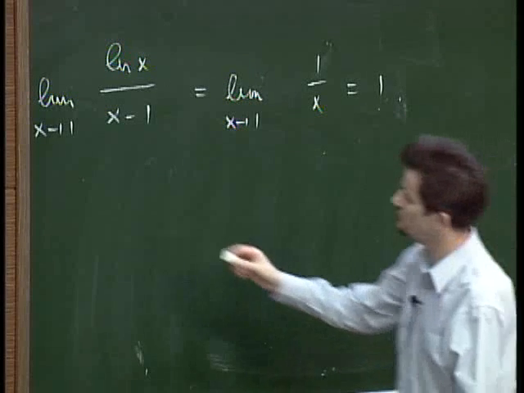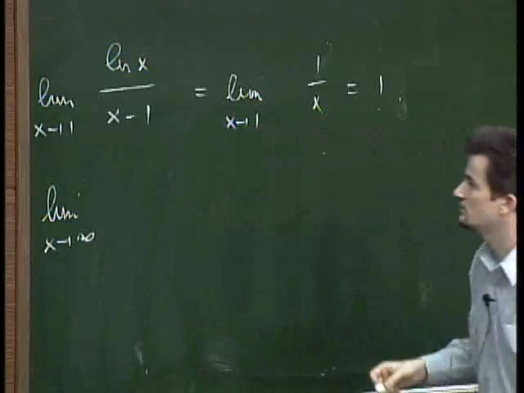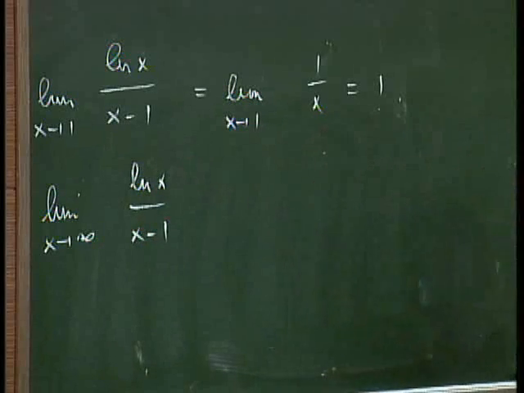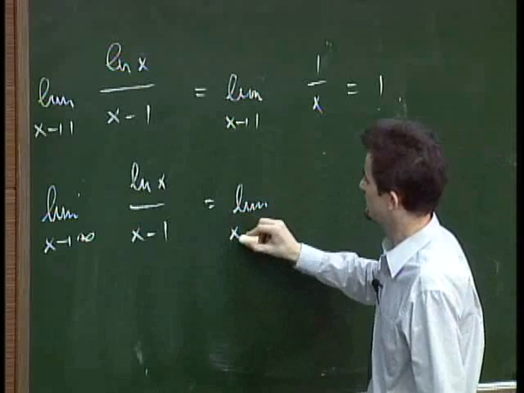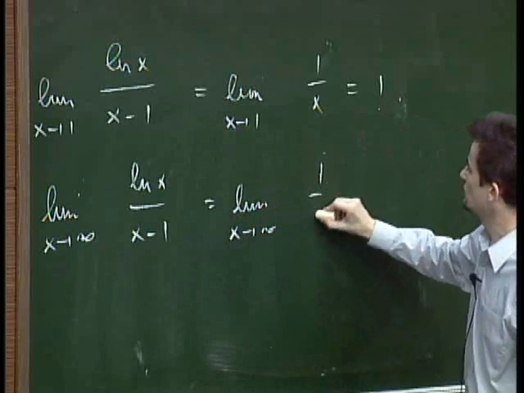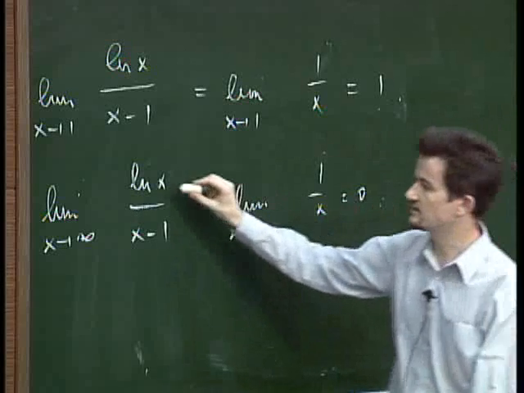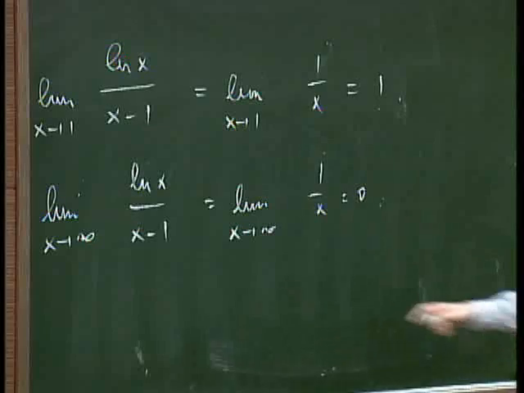Now, if you have the similar situation where x tends to infinity, also in this case, as I said, you can still apply the rules of the L'Hopital, so you have infinity over infinity, so you have the limit as x tends to infinity, 1 over x, which is equal to 0 in this case. This is not a surprise, because we know that the logarithmic function, ln of x, will grow slower than every power function.